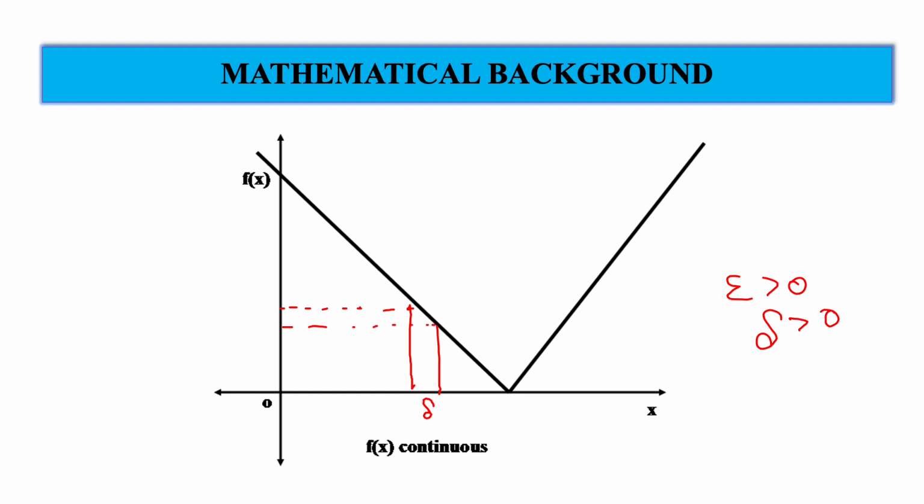So if you take any point x bar, and the distance between x and x bar is less than delta, that implies that the difference between function values is at most epsilon.